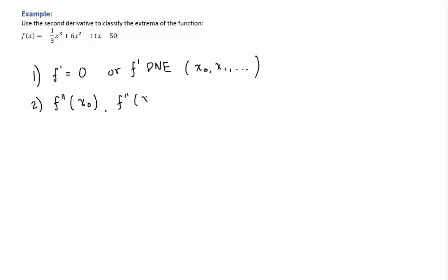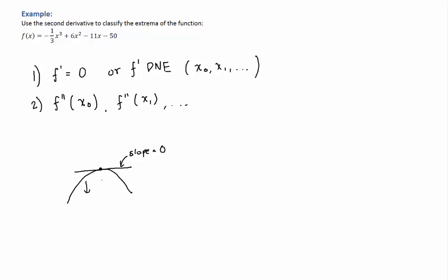Why are we going to do this? Well, let's think about it for a second. Suppose that I have a critical point where the derivative is 0. The slope of the tangent line is 0. And let's assume then that the function is concave down, like I drew here.